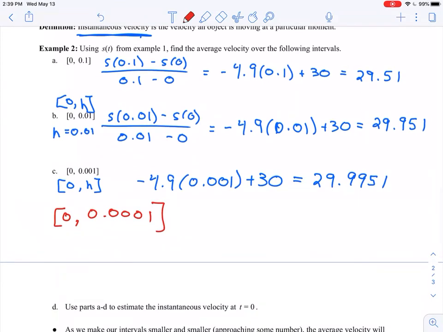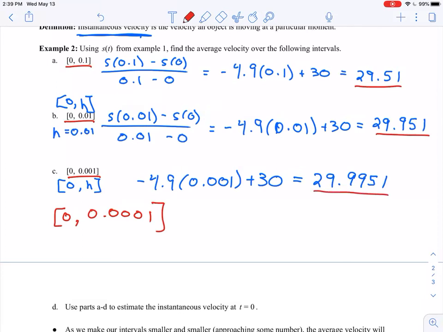Part D says use parts A through D to estimate the instantaneous velocity when t equals 0. Notice that these intervals are getting smaller and smaller every single time. I'm getting closer and closer to 0. So these average velocities should be getting close to this instantaneous velocity.